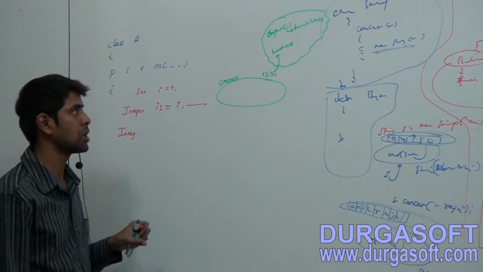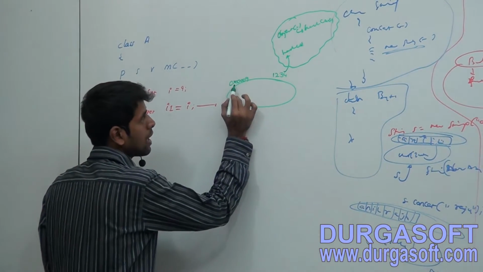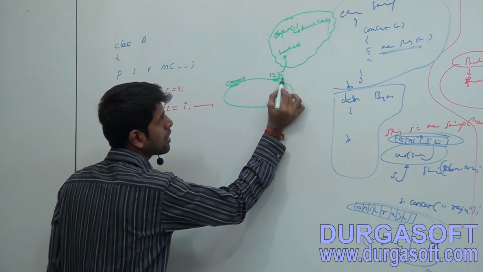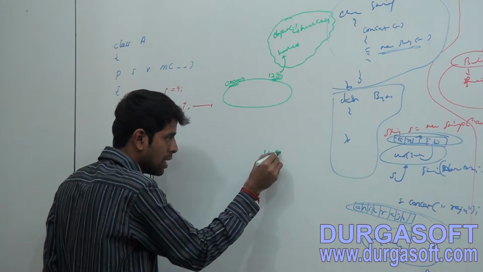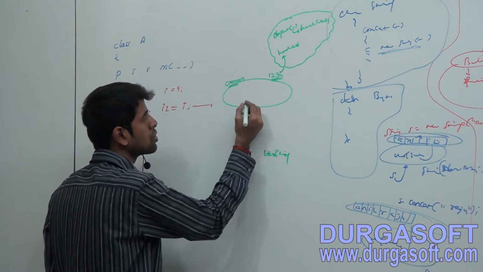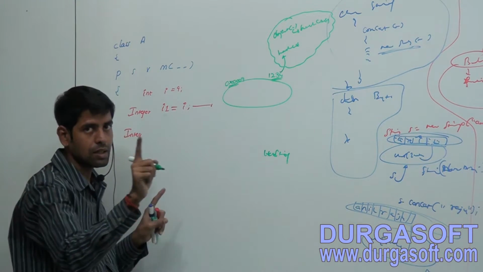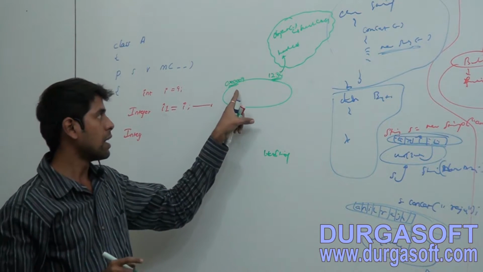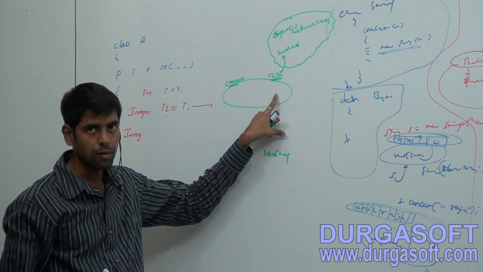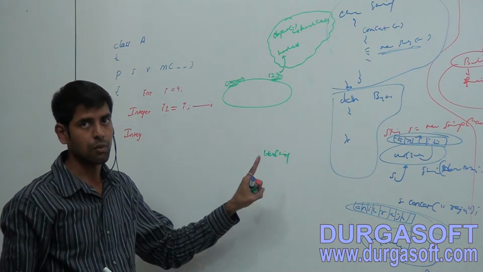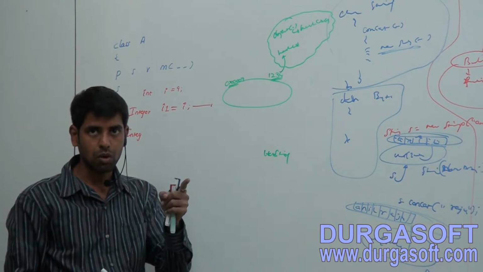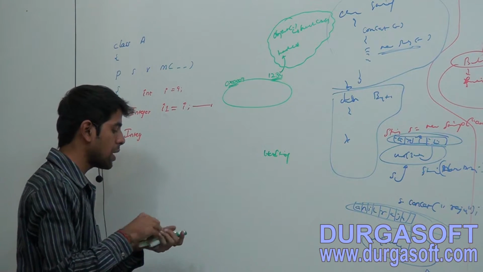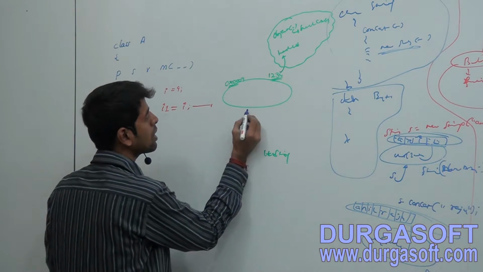Now observe, either this address or this hash code, approximately converted to a hexadecimal string value, is called the reference value. Let it be an approximate value.